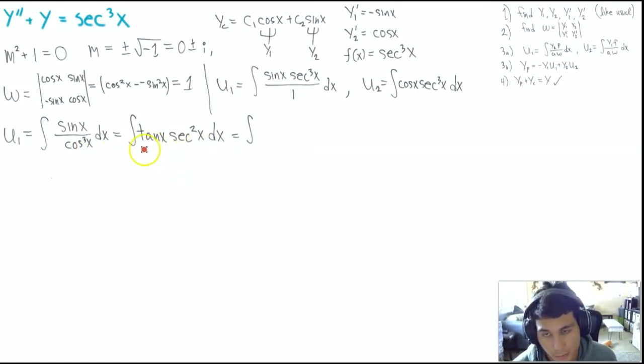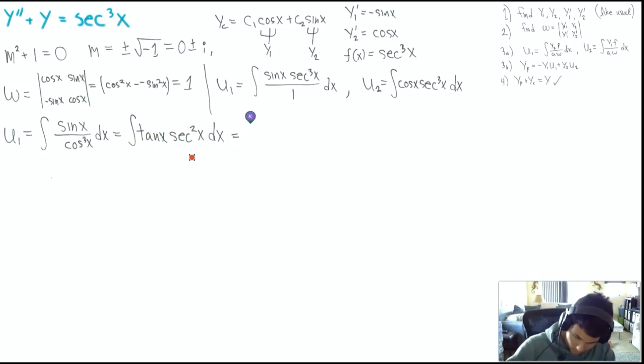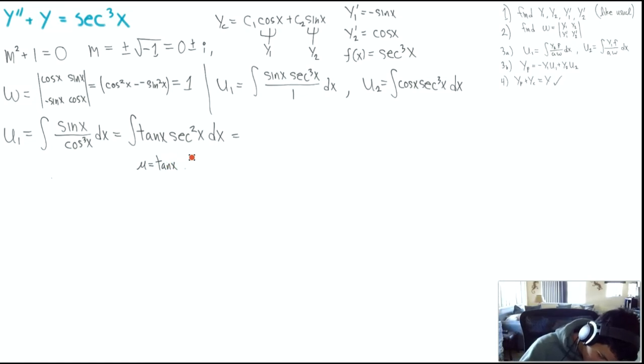Okay, so if we think about substituting out tangent, we ask ourselves, what is the derivative of tangent? Well, it is secant squared. So okay, thank God, right? And I don't use the letter u here. I'll use anything but u. So I'll use mu. Okay. If mu is equal to tangent x, then d mu is equal to secant squared x dx.